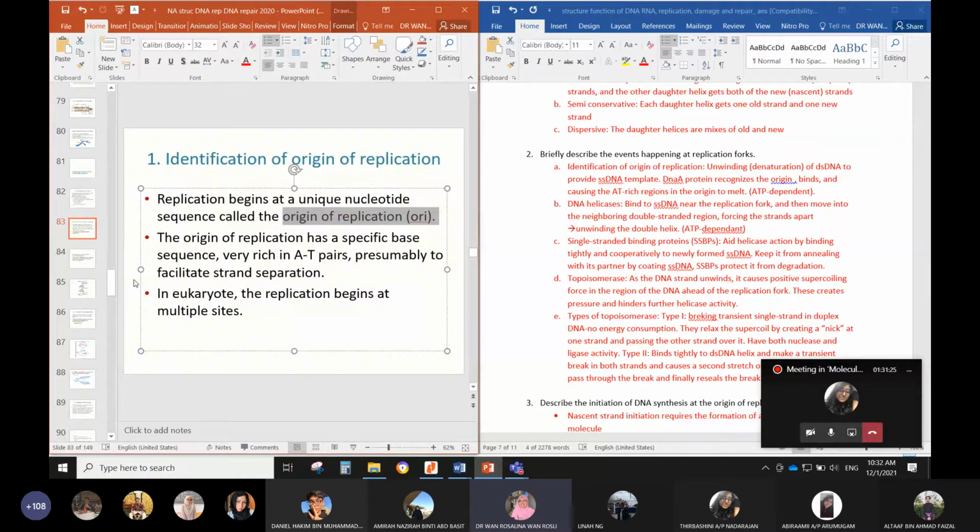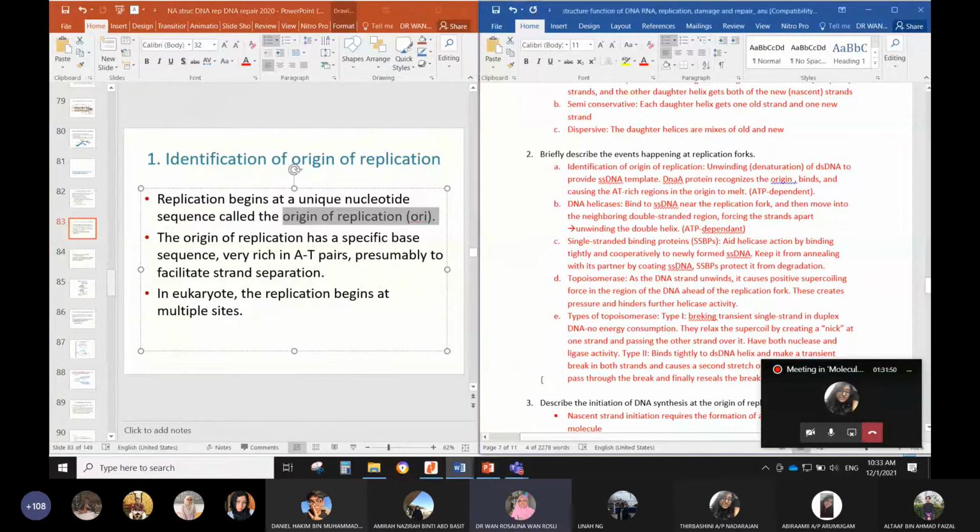So to relieve this stress, we have to have a way to decrease the strain. This is the function of the topoisomerase. It would break apart a bit to decrease the strain. So this is what happens in the replication forks.